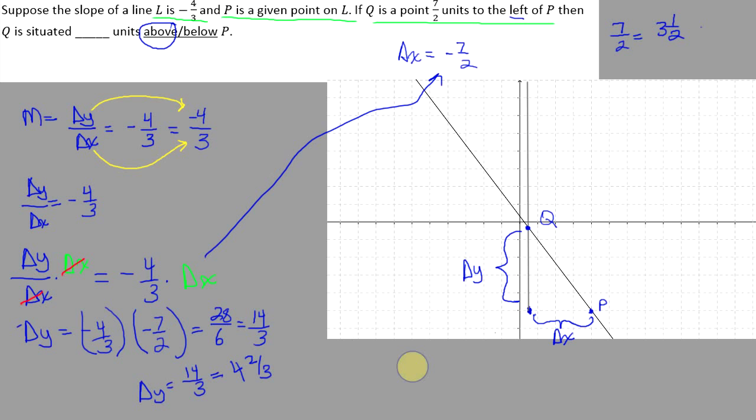And so now let's go over and take a look at our graph, and we see that if we go from P over 7/2 to the left, delta x, then point Q is going to be 1, 2, 3, 4, and about 2/3 above. The fact that this sign is positive, not negative, corresponds to us having the correct picture, because our picture tells us that the delta y is in the positive direction.